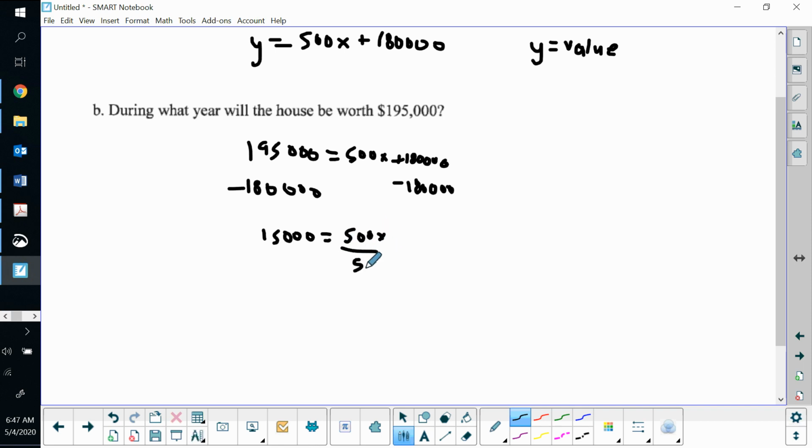We'll divide the 500 from both sides. And that will give us 30 for x. And we didn't have a calendar year, so we just say 30 years.